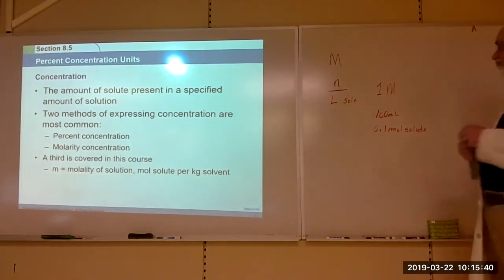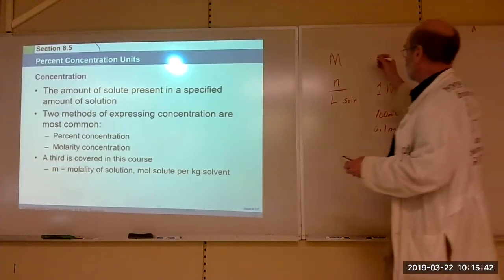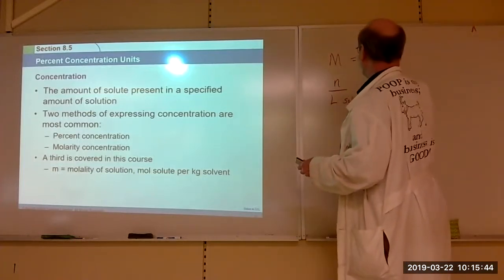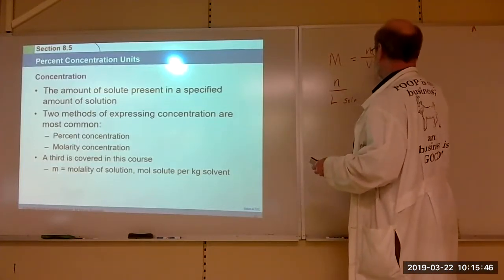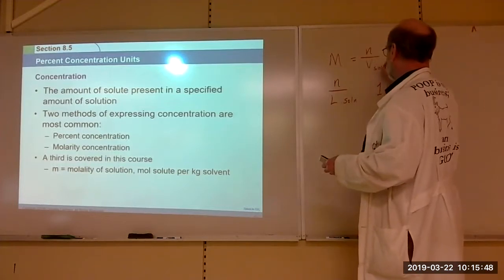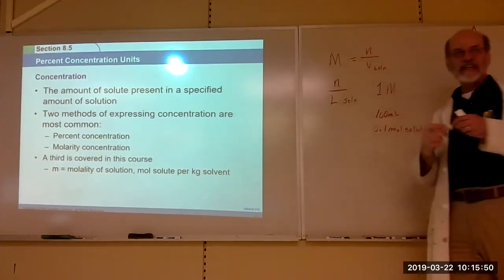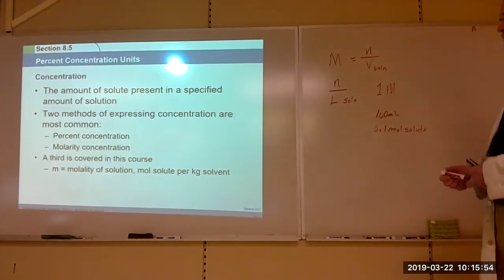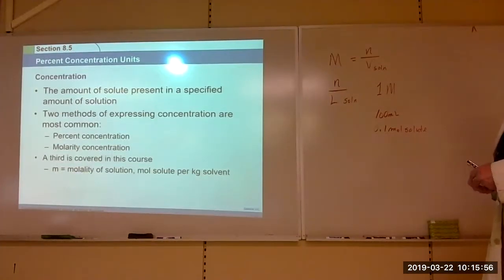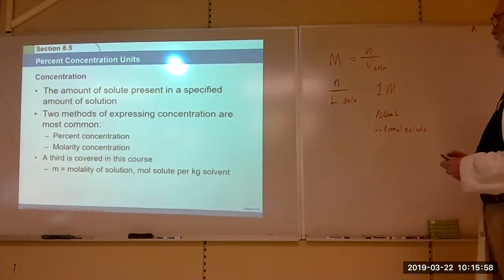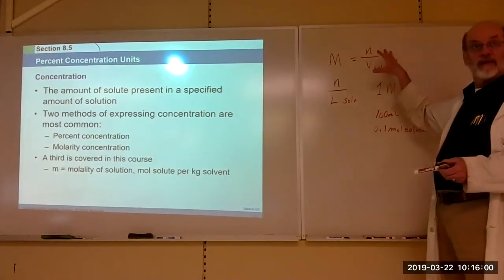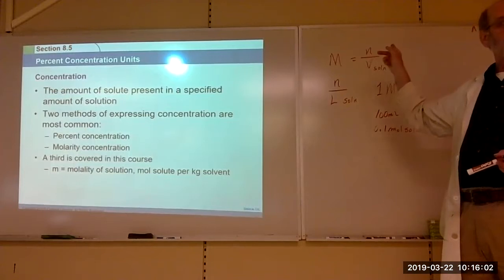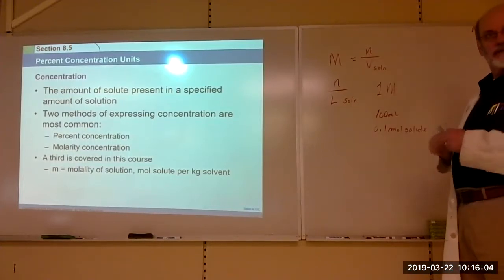Okay? Now the formula, of course, is molarity equals the number of moles per volume of solution. And the volume has to be in liters. So that means, since we have a formula, if you know 2 of those, you can find the third. Right?